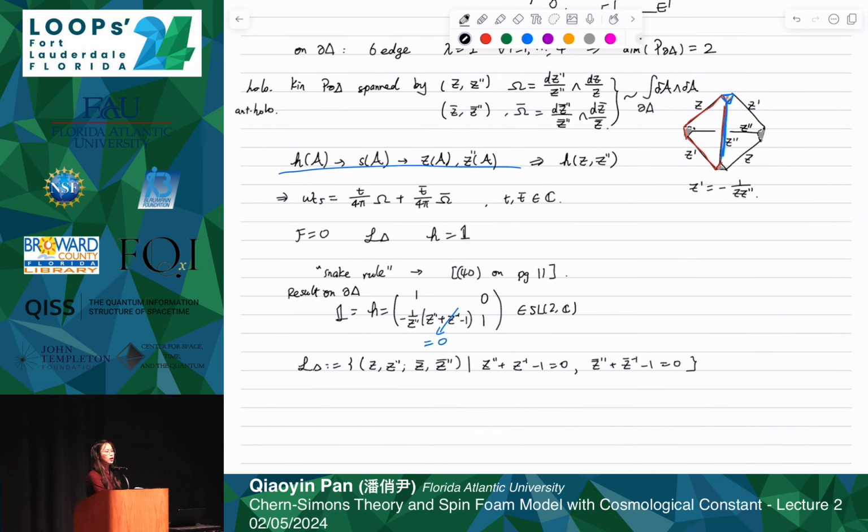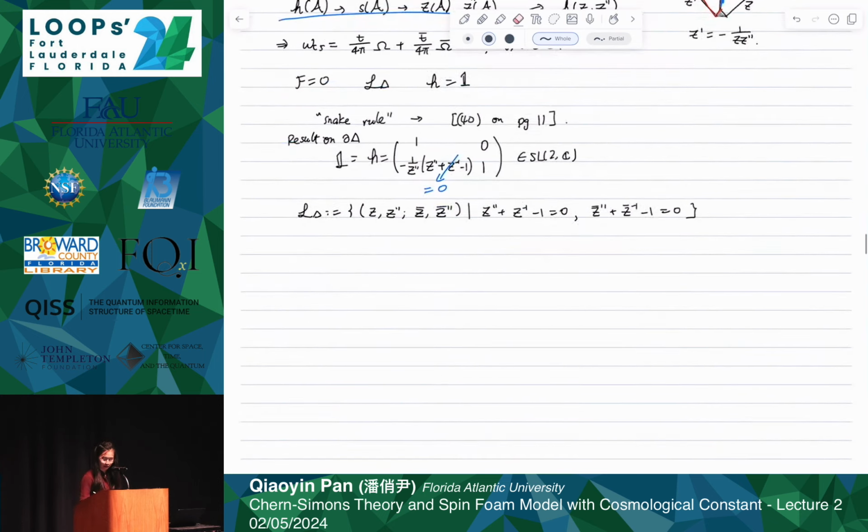This is the Lagrangian submanifold using the coordinates of the phase space. Okay, now we have the phase space and we have the Lagrangian submanifold. We can quantize it just using canonical quantization. But wait a minute, we don't know how to quantize it. We're not quite familiar with how to quantize it.